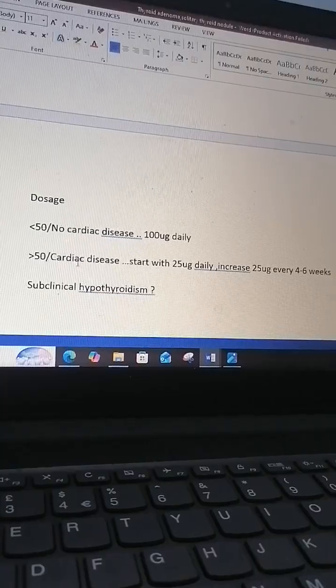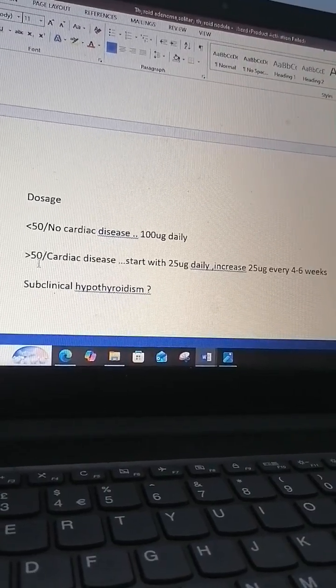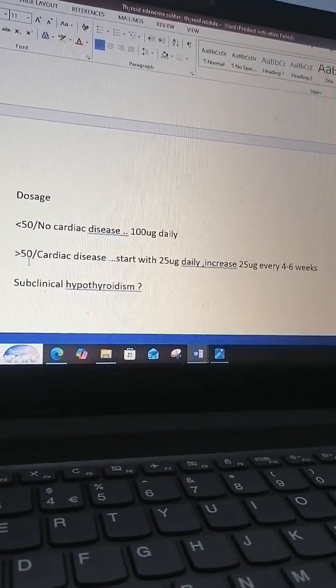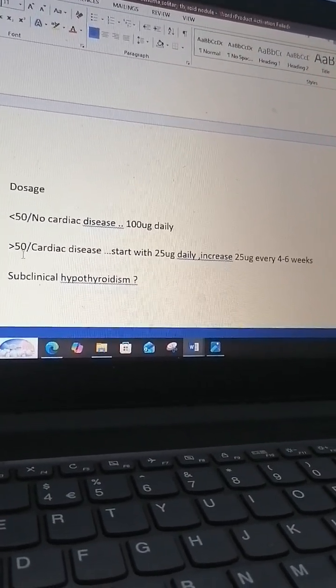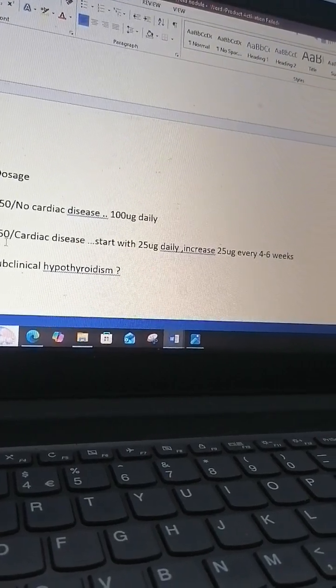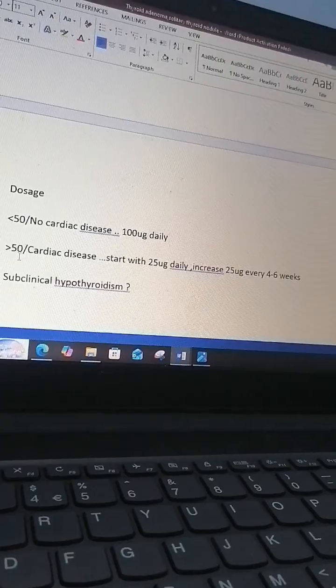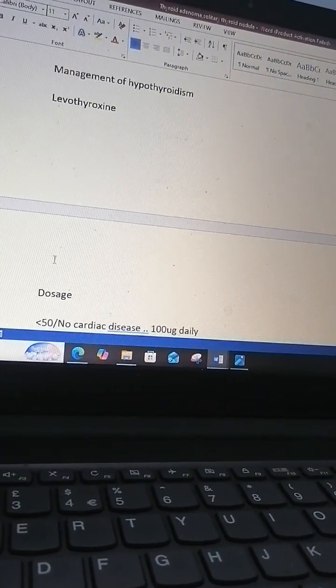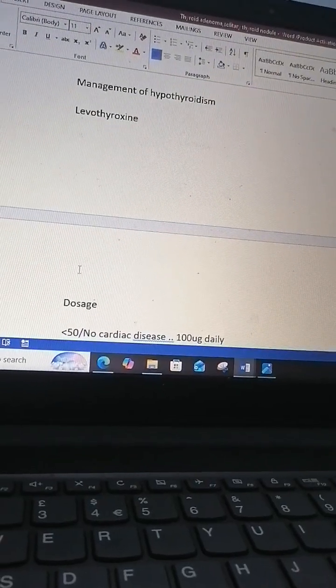But if the patient's age is more than 50 and there is a history of cardiac disease, then we will start with 25 microgram daily, and then increase every 4 to 6 weeks according to the thyroid function tests. Okay, this is all about the management of the solitary thyroid nodule.